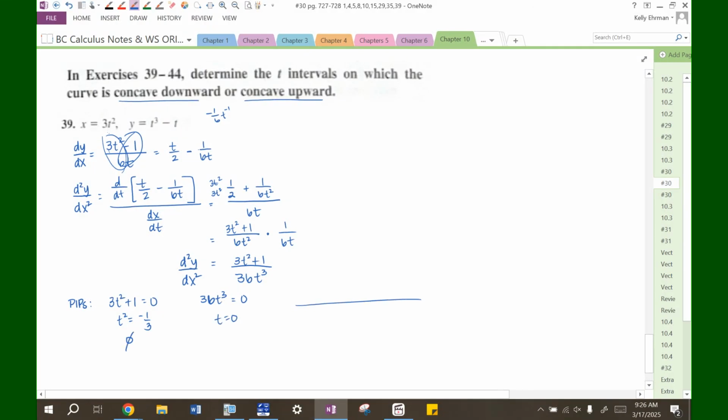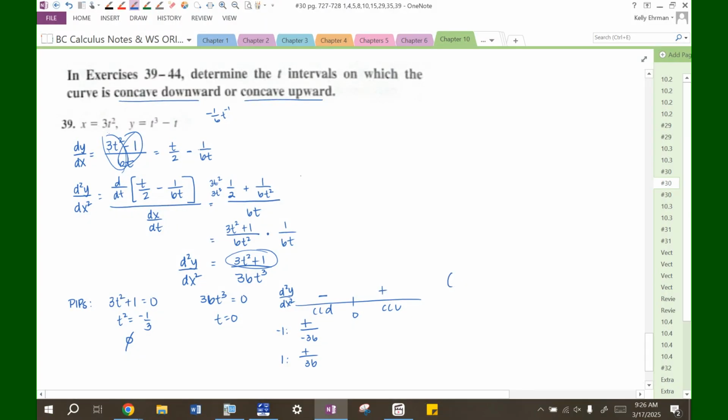That's pretty easy to toss on the number line, right? And you're testing into the second derivative. And remember, the top here, 3t squared plus 1, is always positive. So when you plug in negative 1, for example, you get this positive over negative 36. So that's negative. And if you plug in 1, you're going to get a positive over positive 36. Positive. So concave down, concave up.